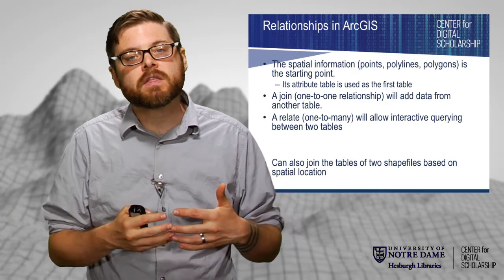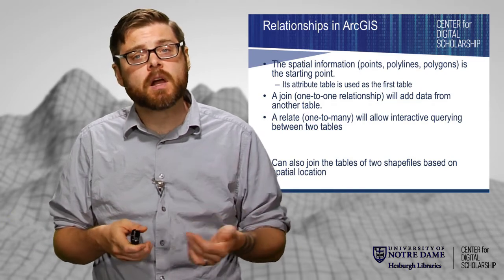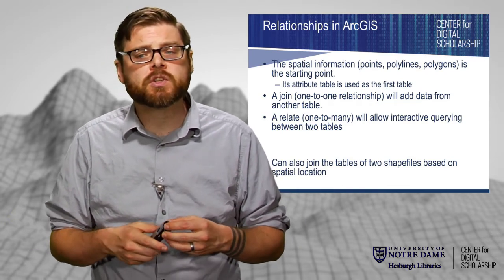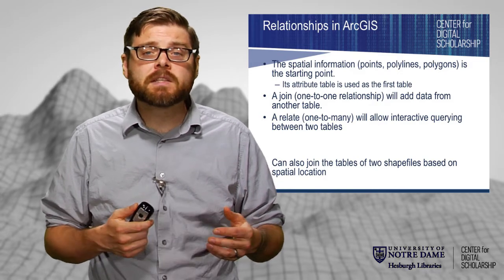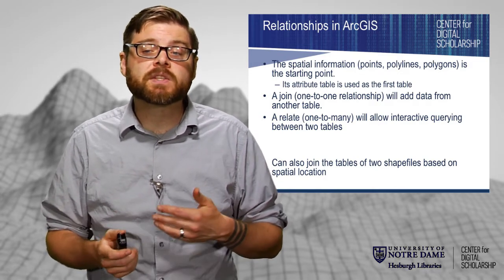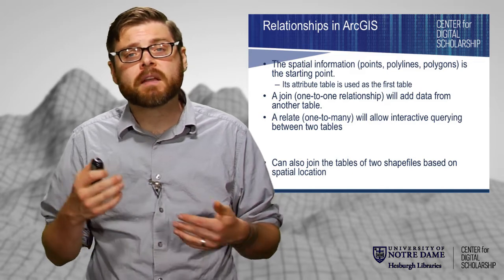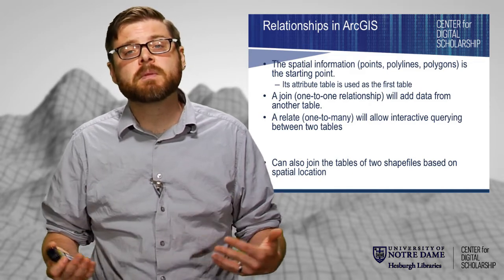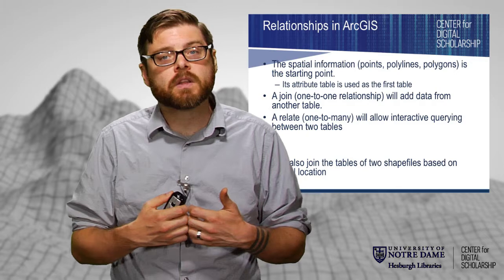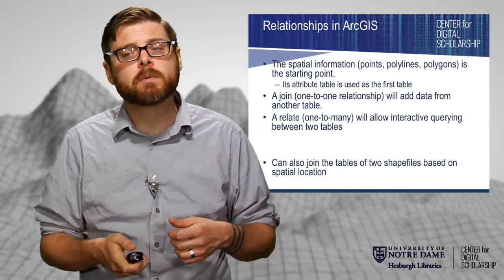So we'll get everything in there together, and we'll be able to query it, symbolize, do anything that we might want to do within that one shapefile. If we do a relate, so that one-to-many relationship, it's going to allow us to do querying and selecting back and forth between the tables, but nothing's going to be physically added into one attribute table or the other.